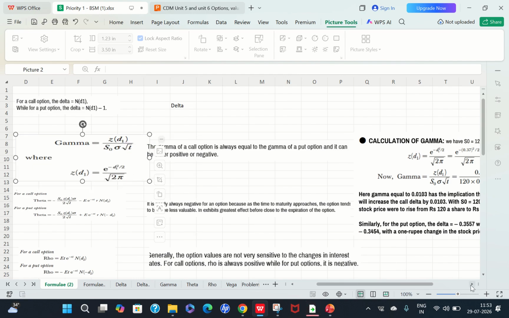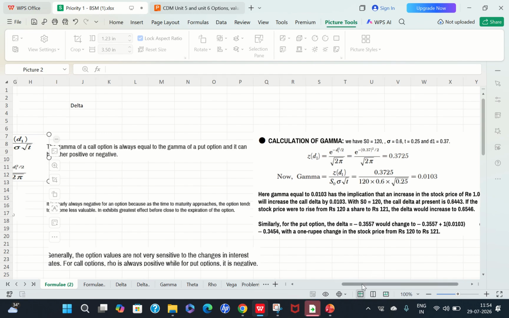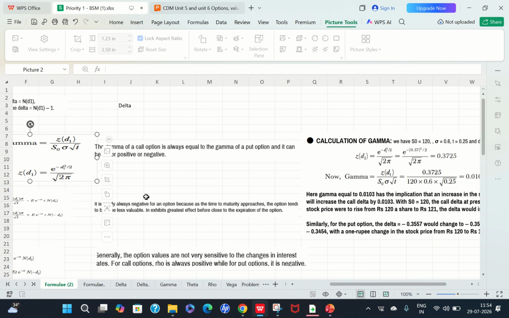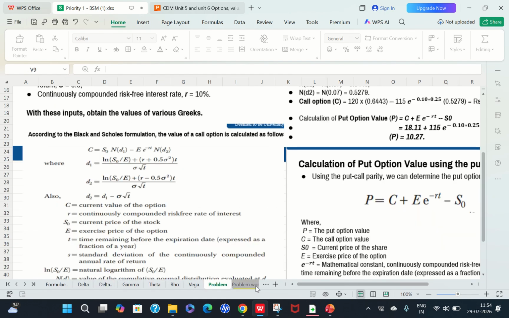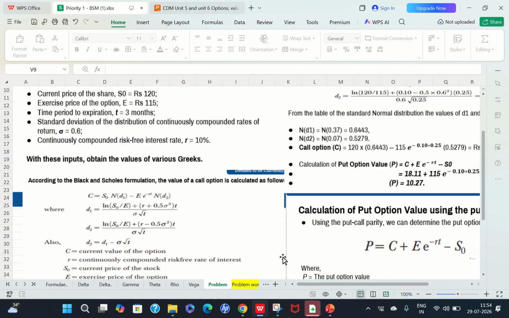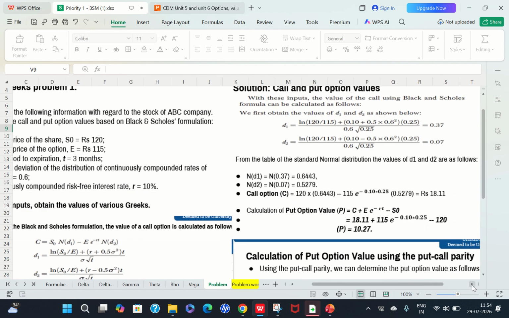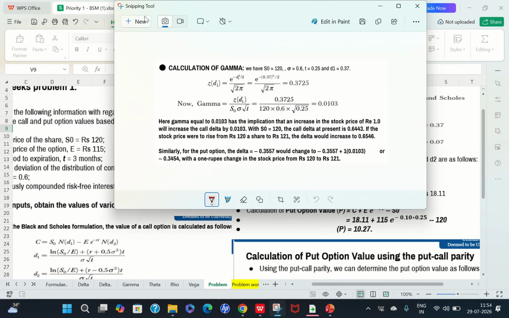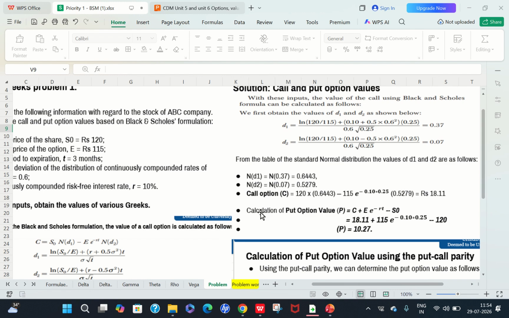So to get to those formulas, let us put it like this: E to the power of D1, which we are already aware, 0.3725 D1 is. So we have D1 0.37. So this is the base. D1 and D2 we have.